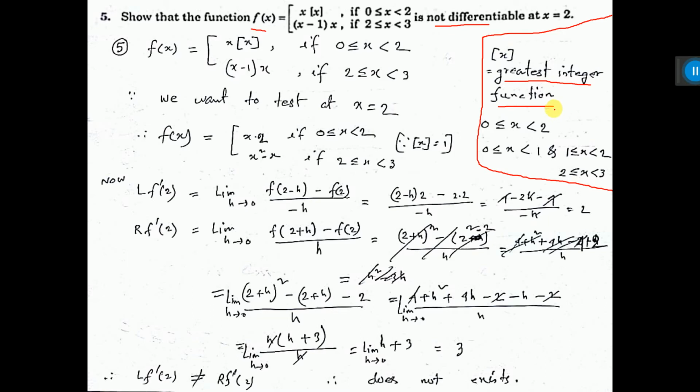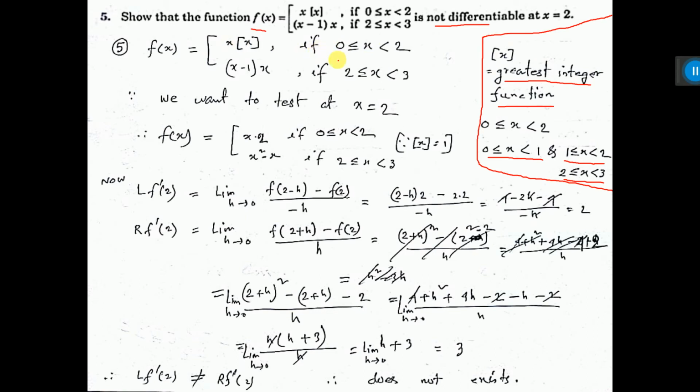The meaning is that in the interval 0 ≤ x < 1 the value of [x] is 0, in the interval 1 ≤ x < 2 the value of [x] is 1, and in the interval 2 ≤ x < 3 the value is 2.